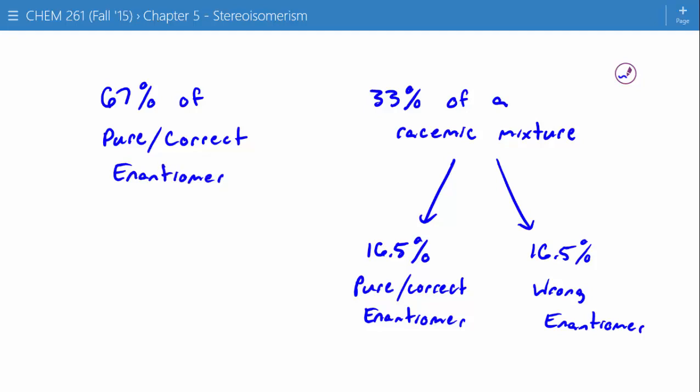So if we go through and we add our pure percentages together, it's not that we only have 67% of our pure enantiomer. It's that we actually have, what would that be? I'm terrible with math. 67 plus 16.5, 83.5.